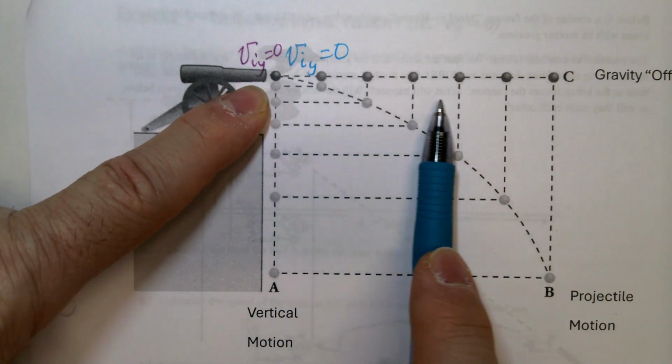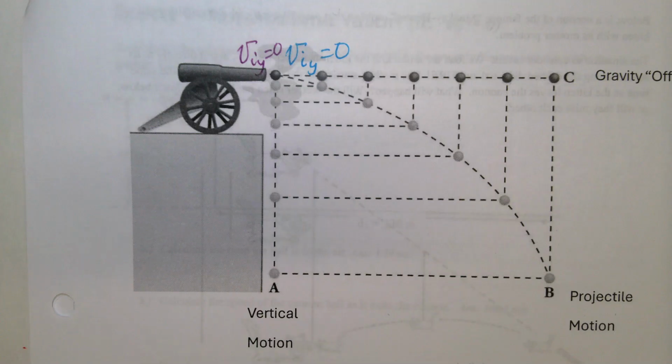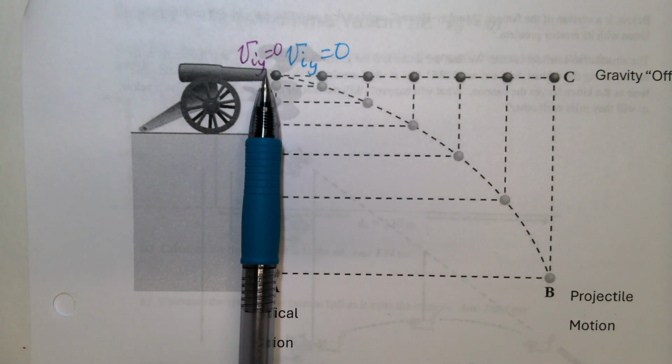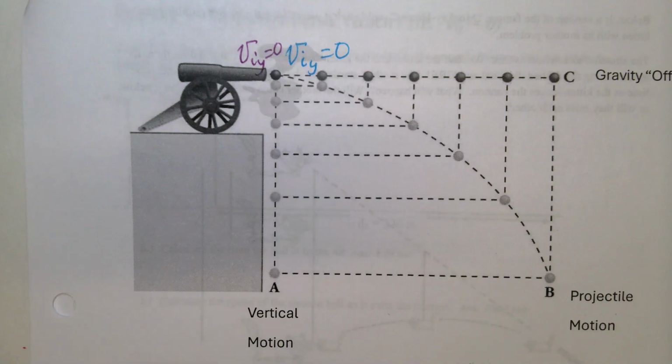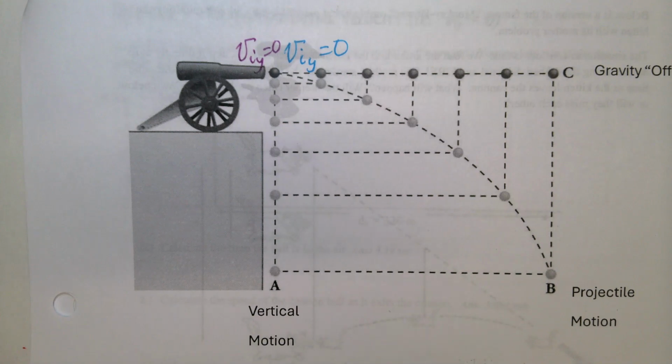The bullet will go much, much further horizontally before it hits the ground, but they still will hit the ground at the same time. All right? And again, that's only if you fire the gun horizontally at 0 degrees. Okay? So, let's see Mythbusters.